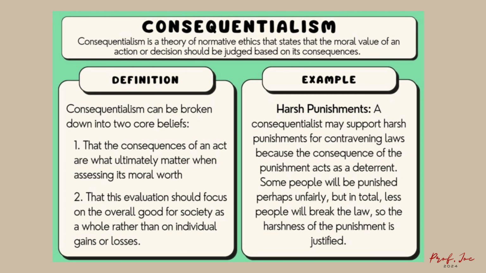Here, we now consider the outcomes that define morality, consequentialism in action. Both ethical egoism and utilitarianism fall under the umbrella of consequentialism. Consequentialism is a broad ethical framework that judges the morality of an action solely based on its outcomes or consequences.